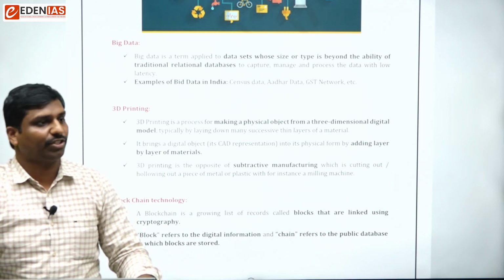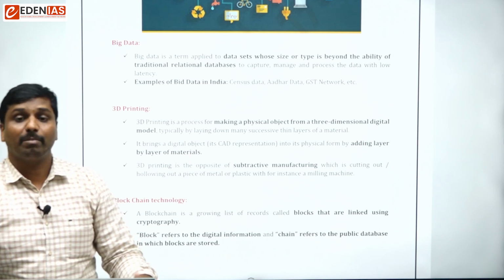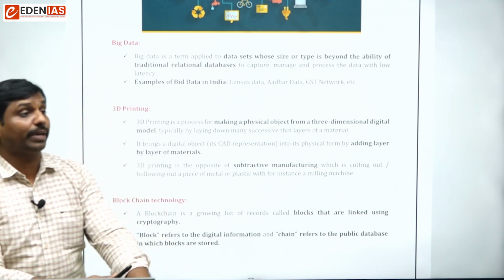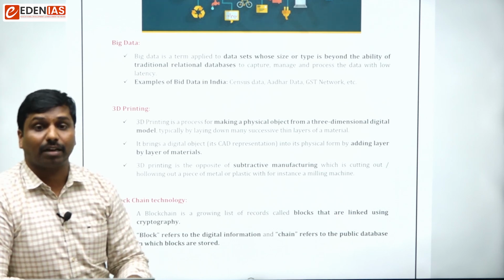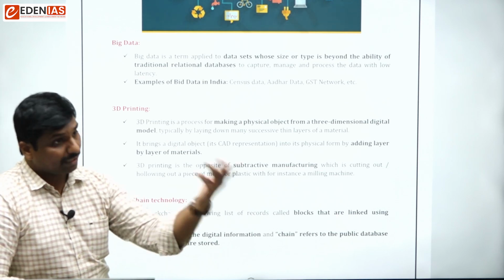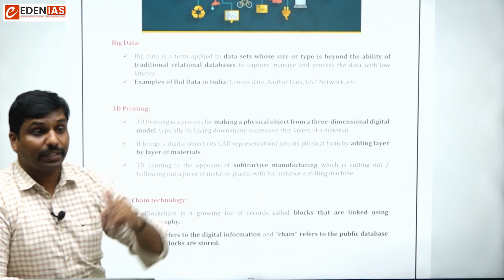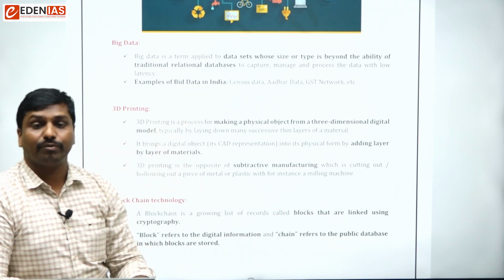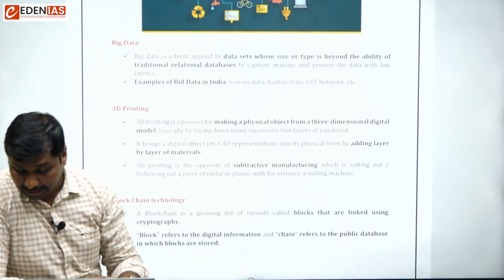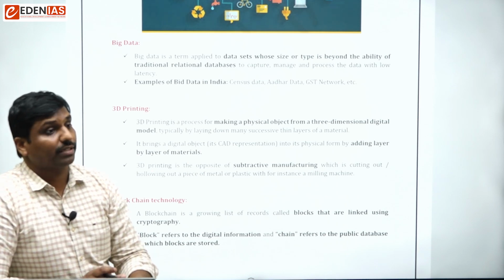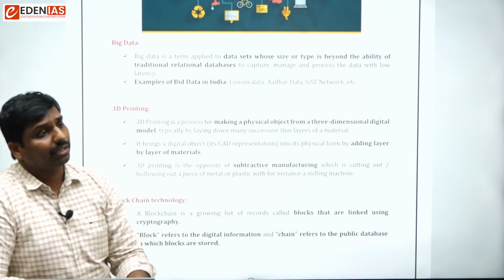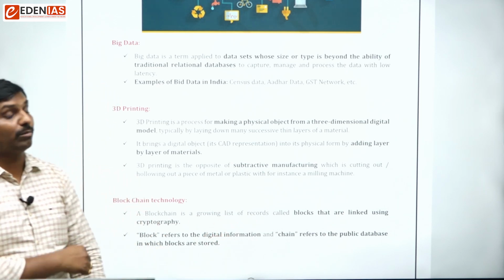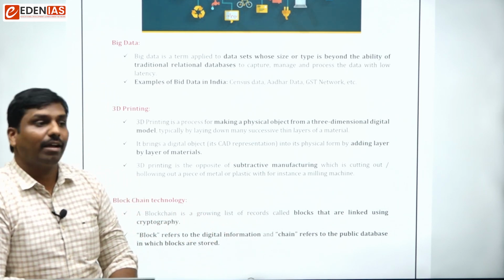In the insurance sector, a lot of people avail insurance facilities, so their data should be kept systematically. And in education, transportation and manufacturing, in all these areas, we can make use of this emerging technology called big data.